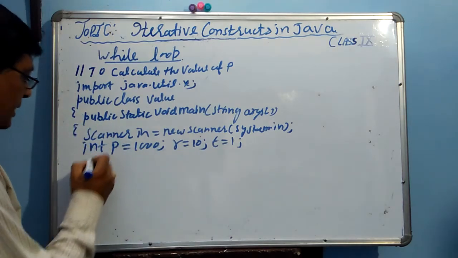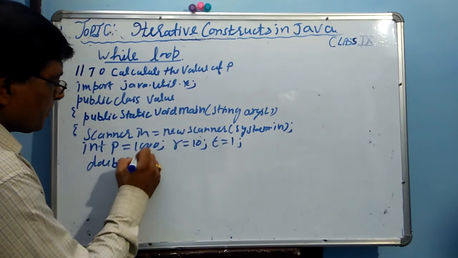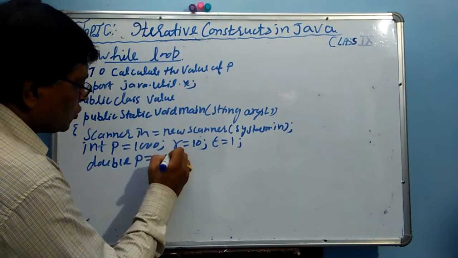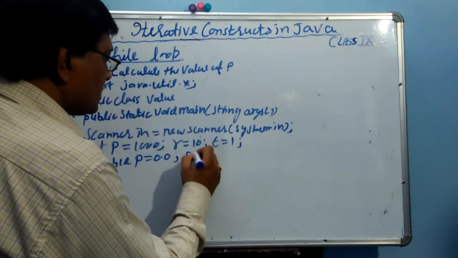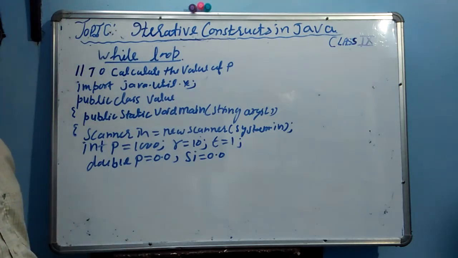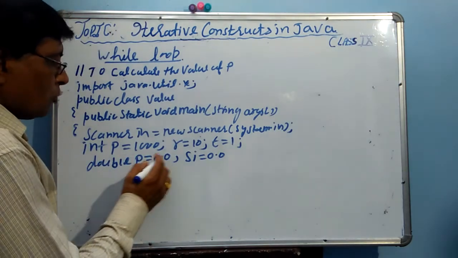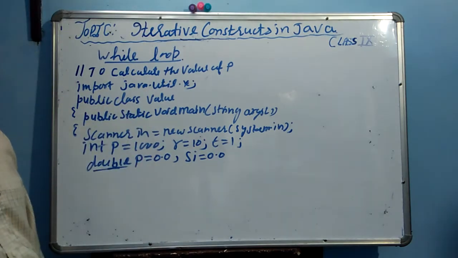Now we are using double: P is equal to the initial value 0, and the value of SI is equal to 0.0. Is it clear? We write 0.0 because we are using double data types.